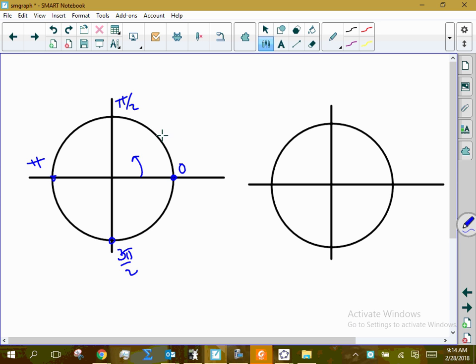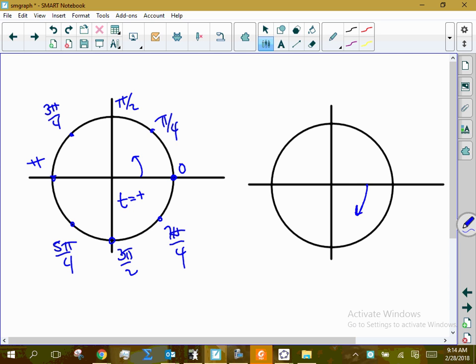I'll put the pi over 4s in as well, and I'll show you how I know these in a little bit. If you can count, you should be good to do that. That's using t equaling a positive number.